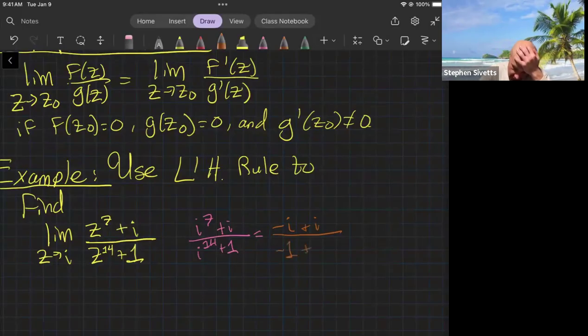So minus 1 plus 1, and what do you know, we have an indeterminate form.